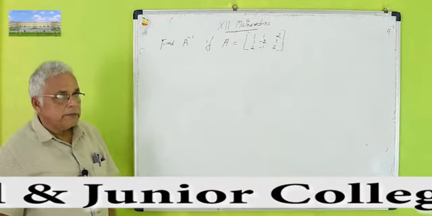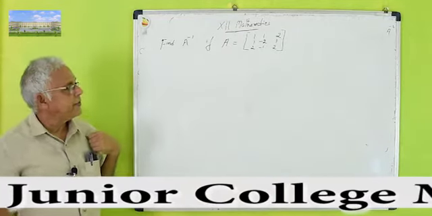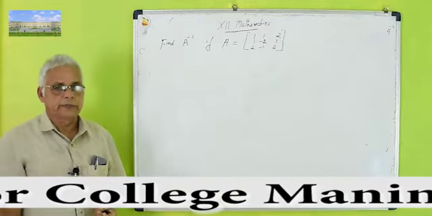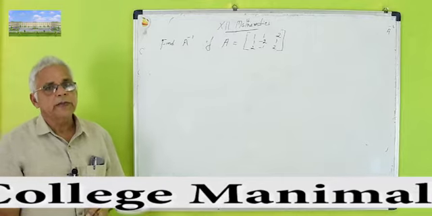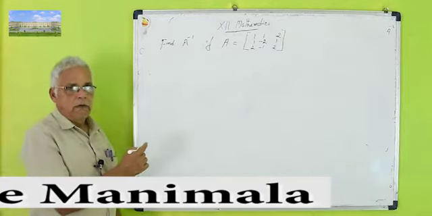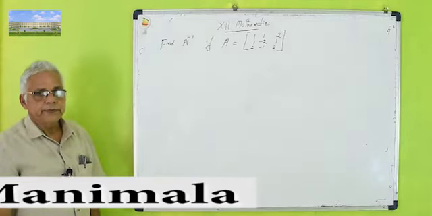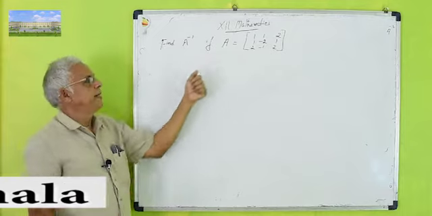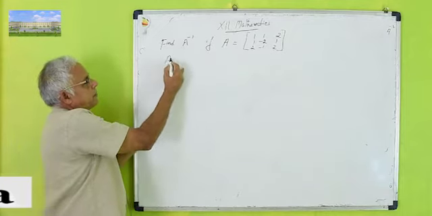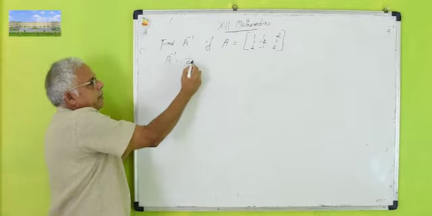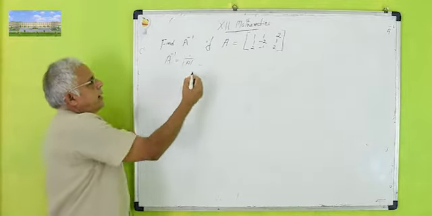So, the formula: what is A inverse in terms of determinant and adjoint of A? Remember, A inverse is equal to 1 by determinant of A into adjoint.